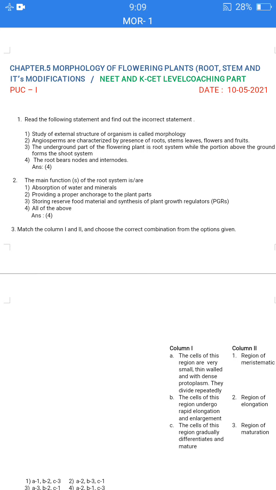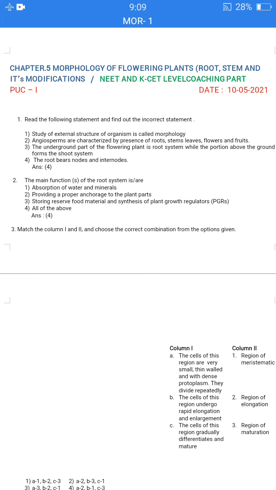Storage of reserve food material and synthesis of plant growth regulators, also shortly called PGRs. And option 4, all the above. The correct answer for this question is option 4, all the above. Options 1, 2, 3 are the respective functions of the root system. In the previous video we had a discussion about it.